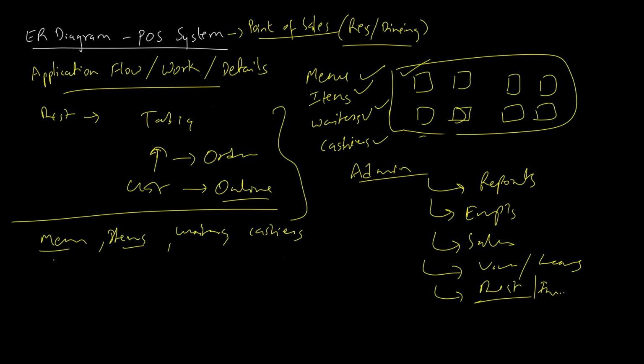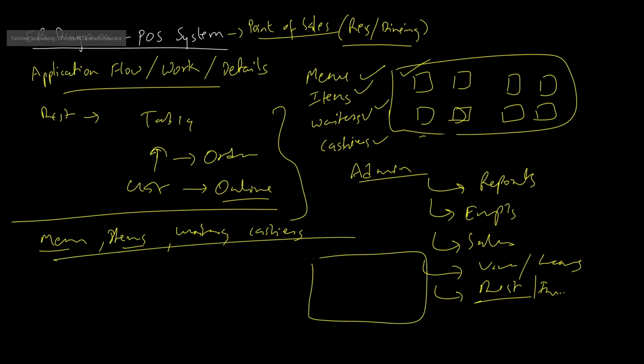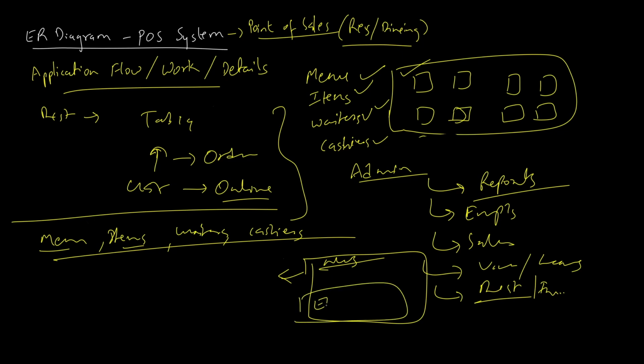Okay, then we can have some sort of structure on the cloud somewhere, NoSQL data, time series data that will be used for reports. Another relational data store can be used for employees, that is the waiters and the cashiers. Inventory management also can be done here.